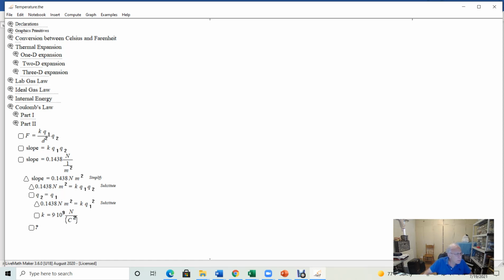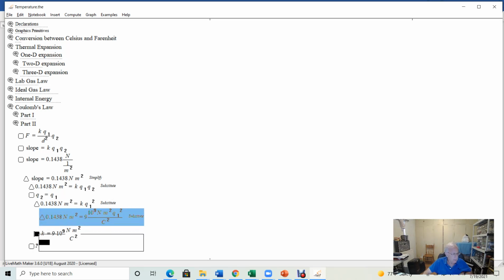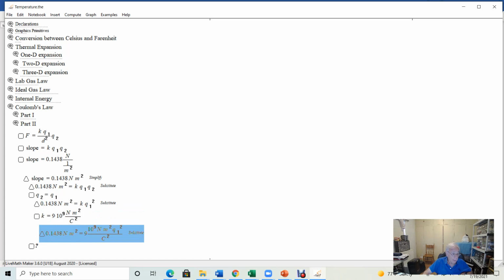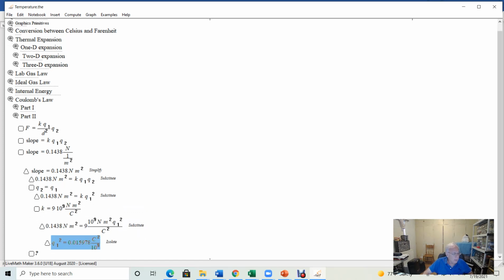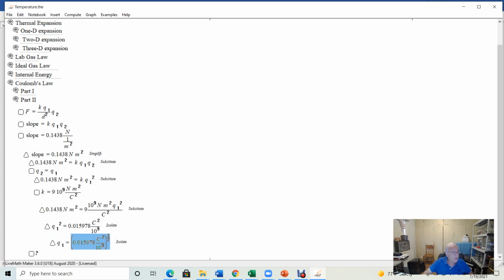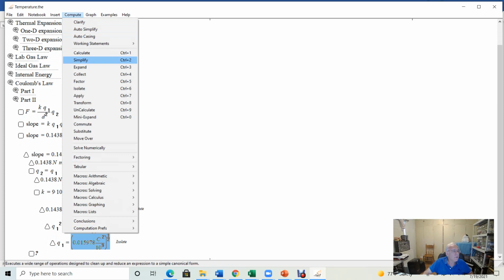Newton meter squared per Coulomb squared. That's the value of K. We solve for Q1. We take the square root of both sides and calculate.